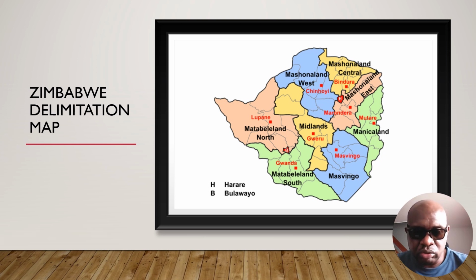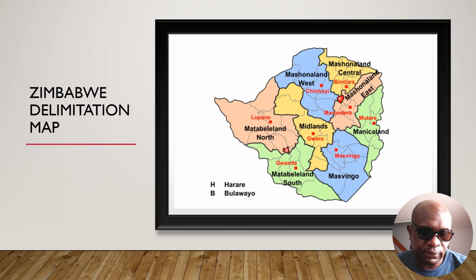Right, then Masvingo province is here. This is how it is subdivided by ZEC. And Mashonaland West province is up here. And then Mashonaland Central province, Mashonaland East province, and Manicaland province, lastly.